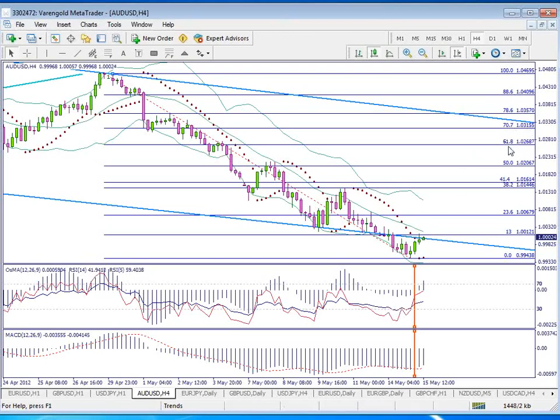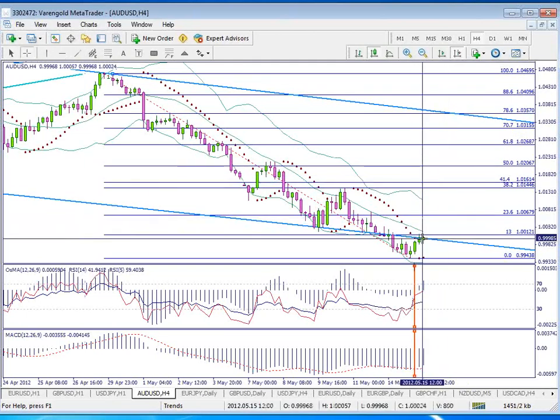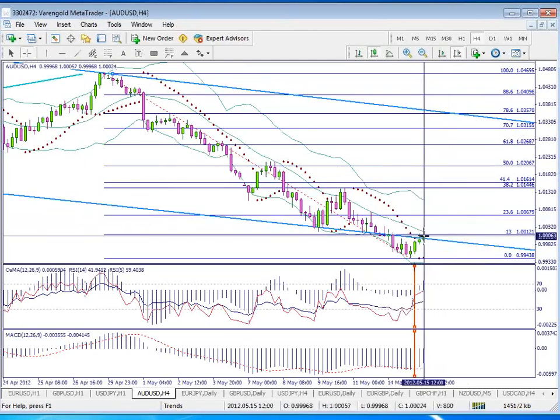I think that maybe 61.8, because we will not have very big power. So it means quite a nice trade.